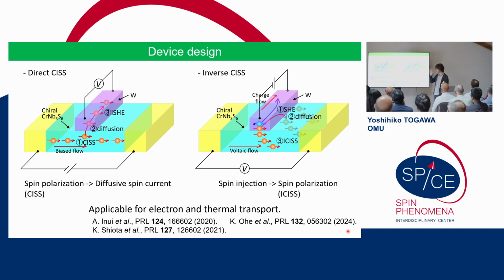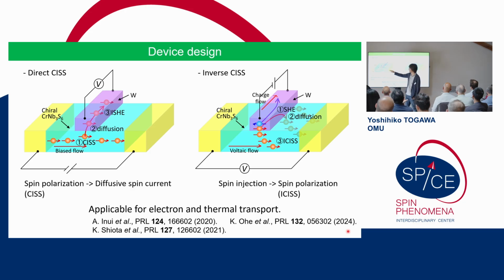If such an assumption is valid, what can we expect? Because of the large difference of the spin population, some spin can be absorbed toward the electrode. Once we have such a spin current, a spin diffusive current, it can be converted into a charge current because of the inverse spin Hall effect.